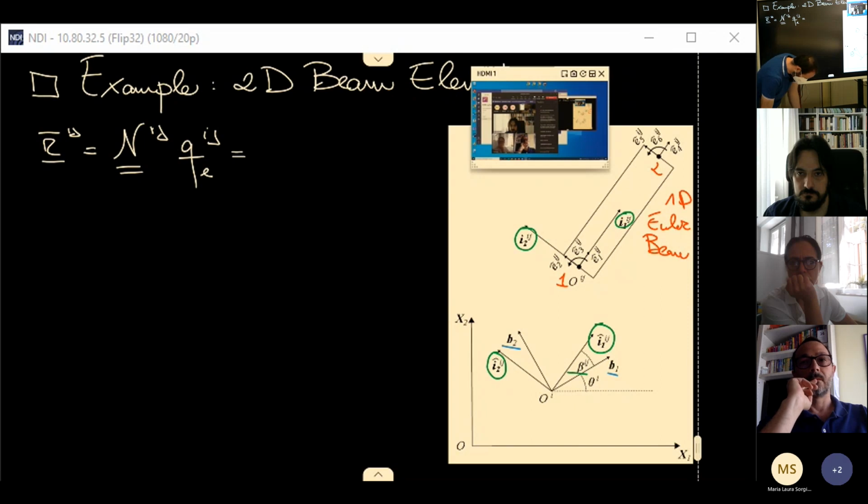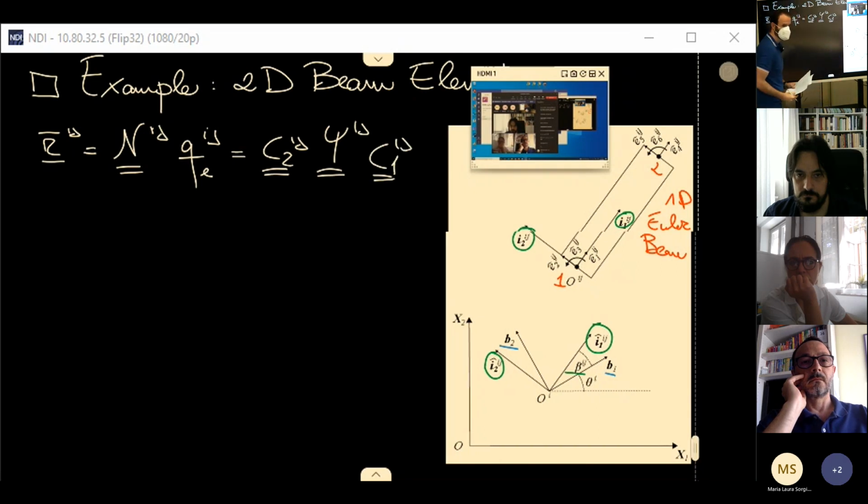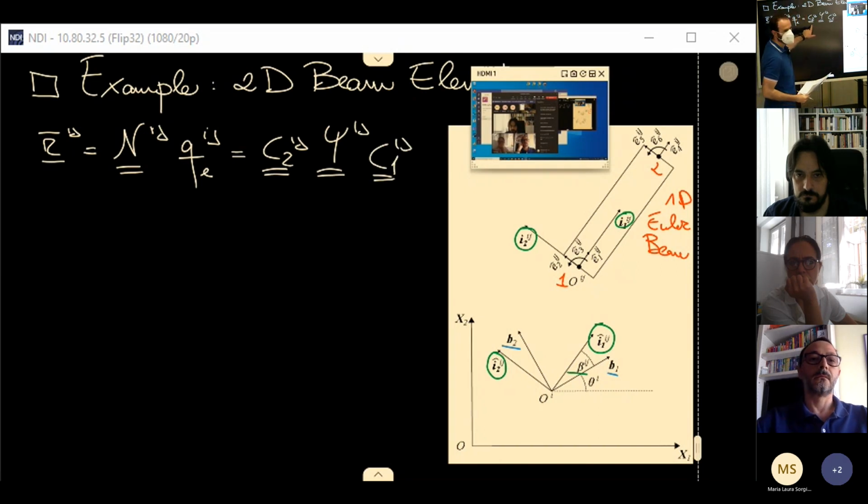Which we're going to recall in here. So we have C2, Ij, C, Ij, and C1, Ij, okay? Where C1 and C2 are the matrix which describe the orientation of the intermediate frame with respect to the body frame, and C is the element shape matrix.